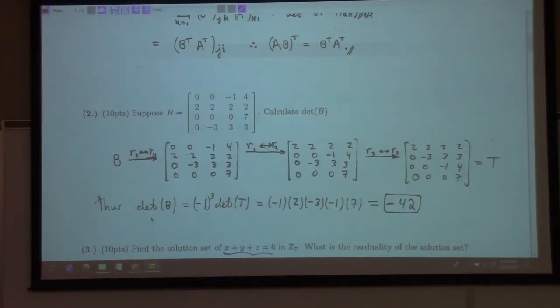But since this is how I made up the problem, I revealed my true method, which namely was I took this matrix and I did a couple row swaps to get that, because I know it'll make a reasonably uncomplicated example, but still 4 by 4. If I just make a random 4 by 4 matrix and ask you to calculate the determinant, that's just not nice. But anyway, the answer was minus 42. Many of you got this.